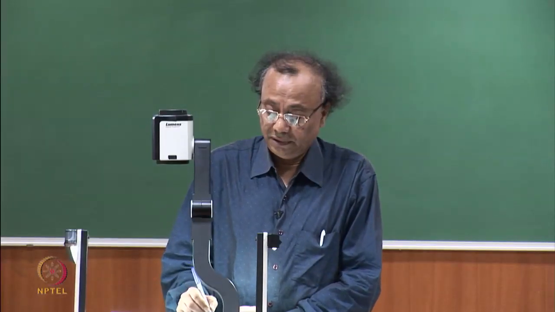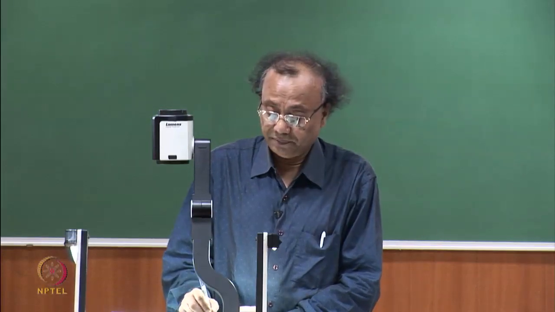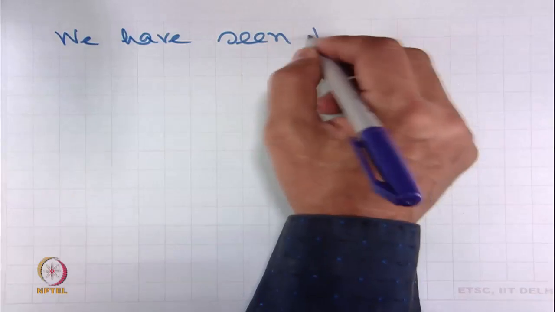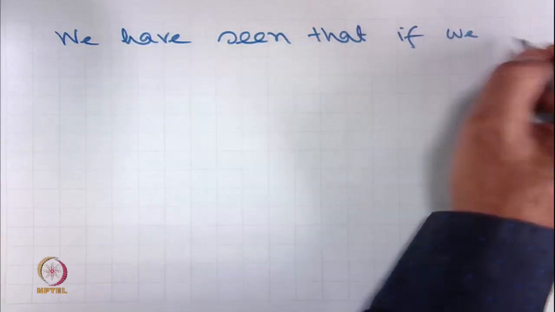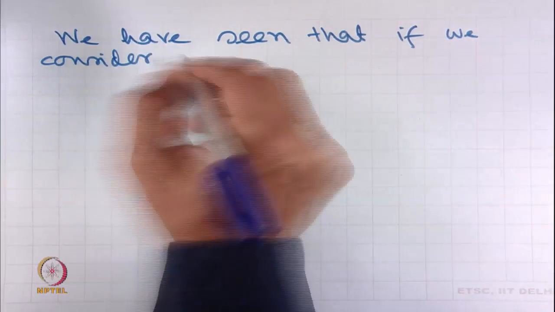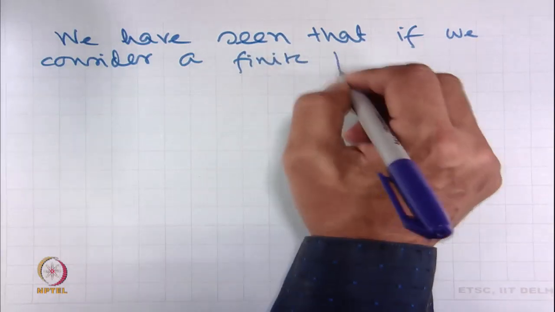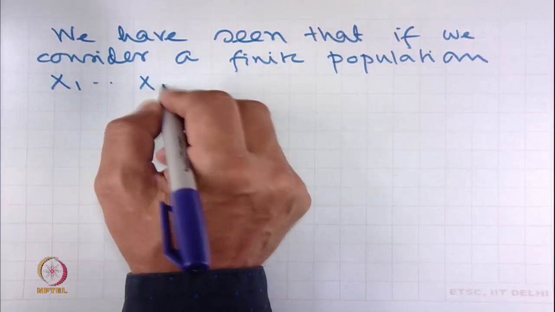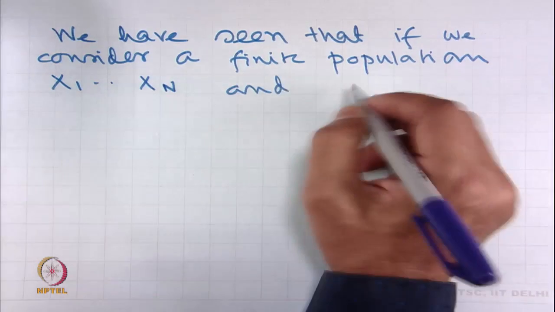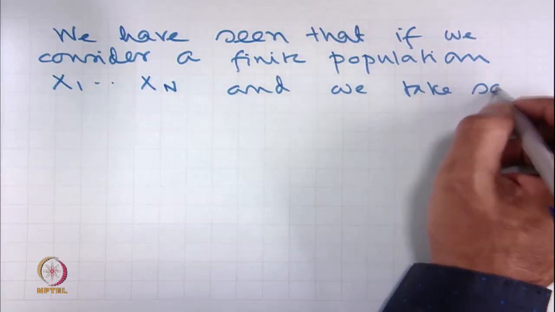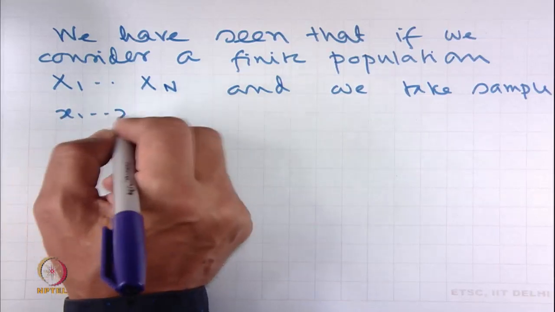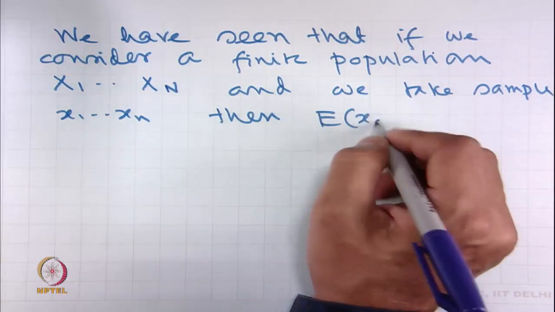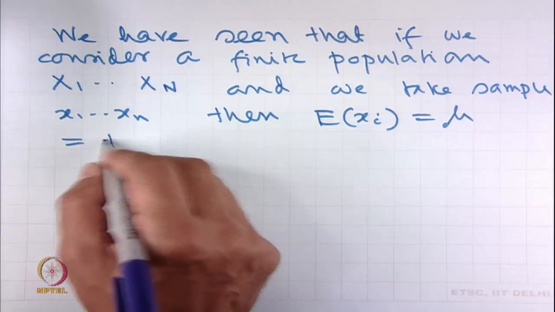We have already seen some estimators. If you remember, we have seen that if we consider a finite population x1, x2 up to xn, and we take a sample x1, x2 up to xn, then expected value of each xi is equal to mu, the population mean.